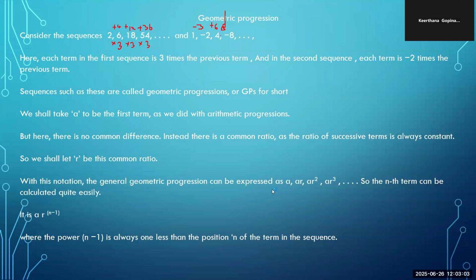A geometric progression can be expressed as A, AR, AR square, AR cube. This is the way it progresses. So the nth term can be found out by A into R power n minus 1.